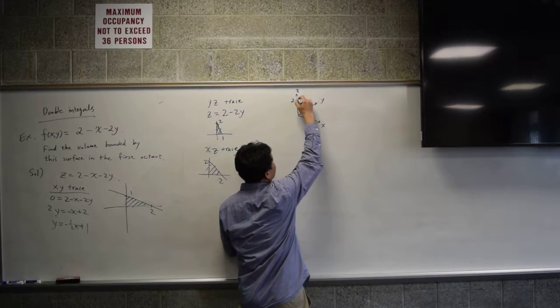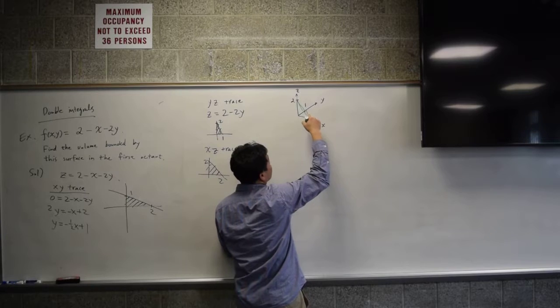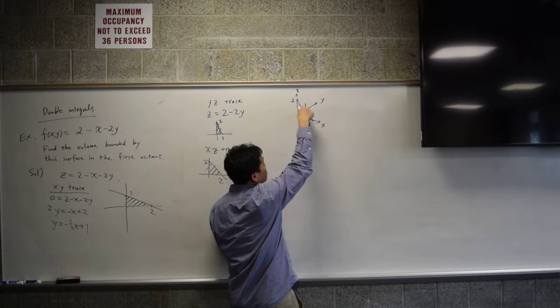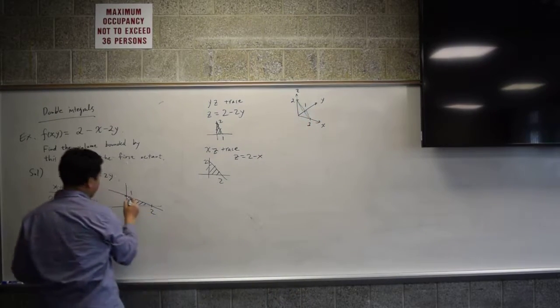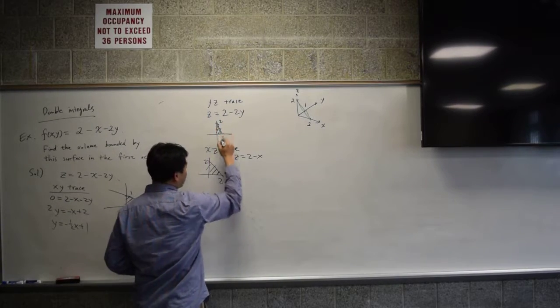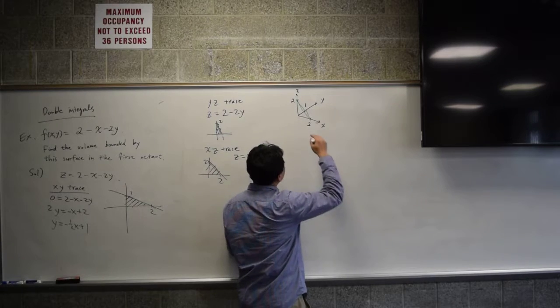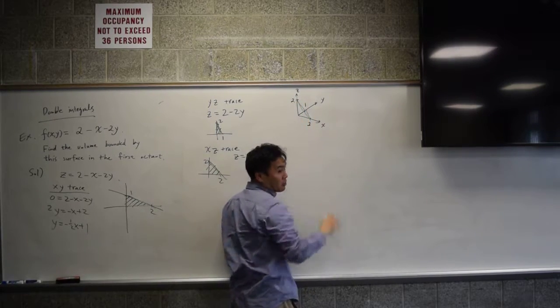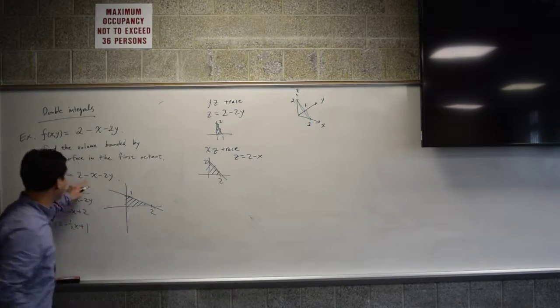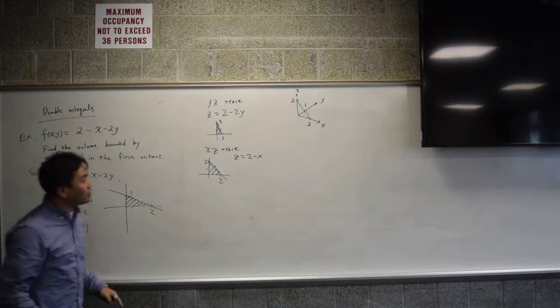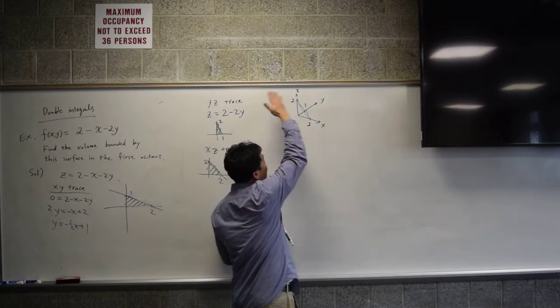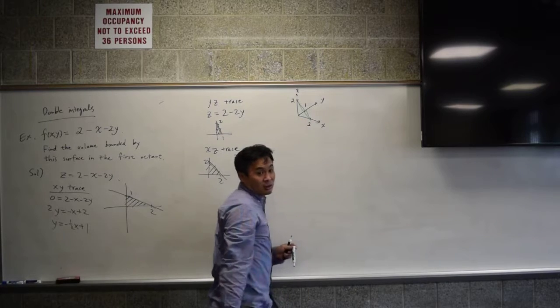Here, here, here. And those triangles are each of these lines. 1, 2, 3. These are here. And then the surface, therefore, that we're talking about, z equals 2 minus x minus 2y, is really the plane passing through these 3 green lines.